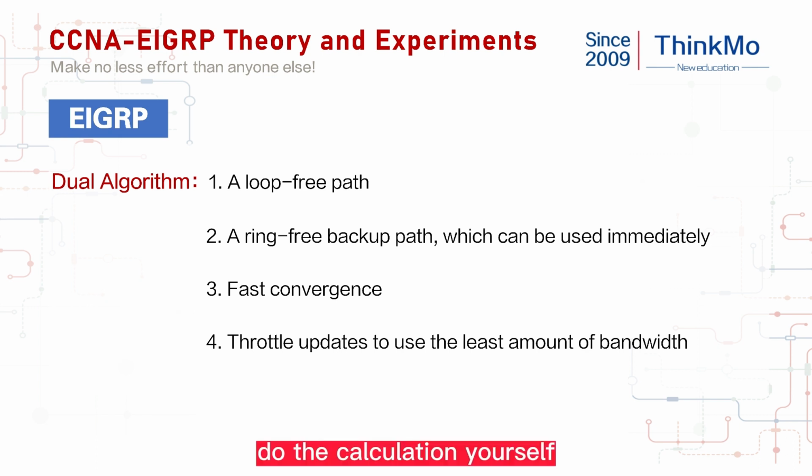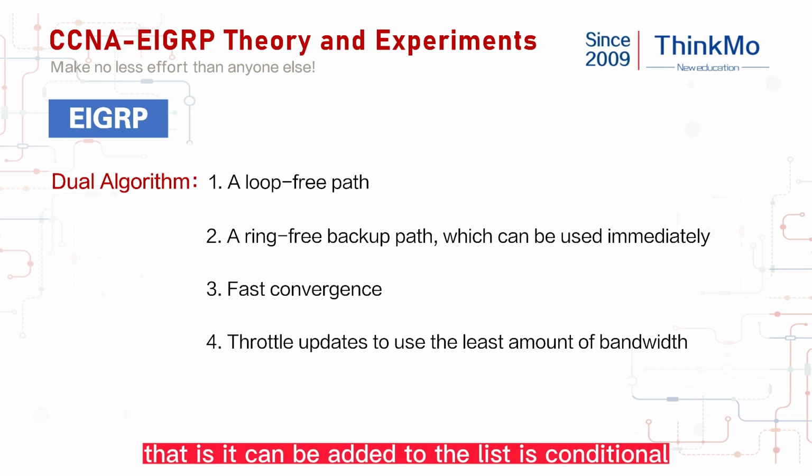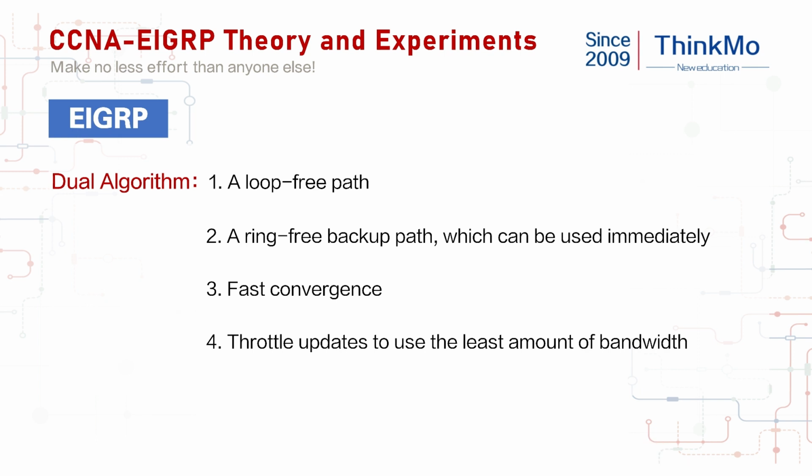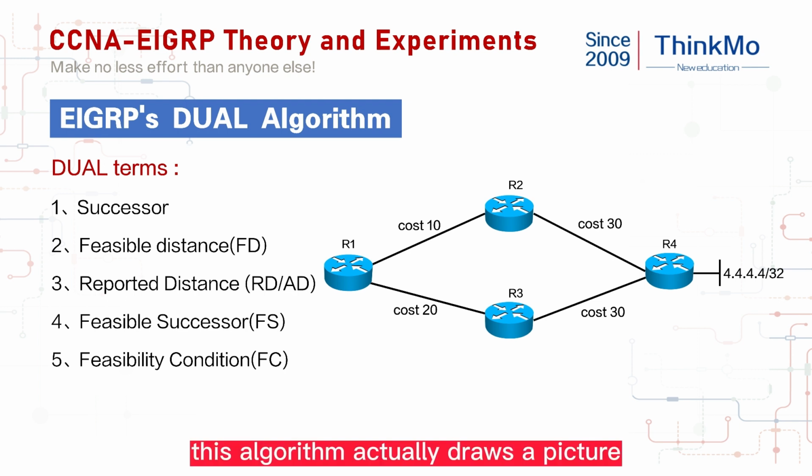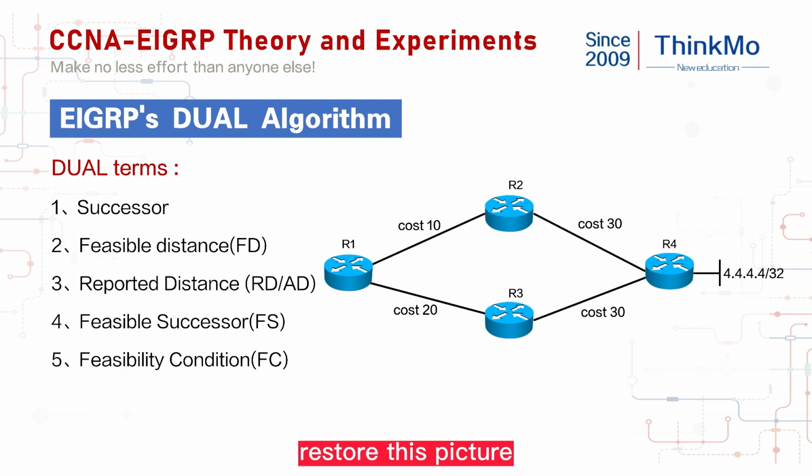Do the calculation yourself. That is, being added to the table is conditional. But if entered into the table, it's switching in seconds. Let's look down. This algorithm actually draws a picture. I'll restore this picture in this experiment. Let's just wait and do it.